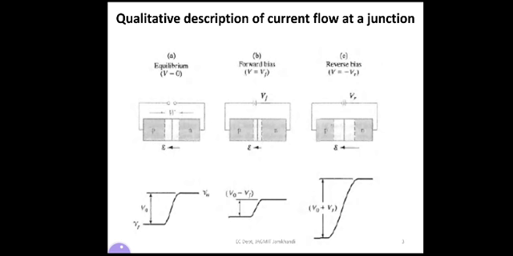We can notice that the field decreases with forward bias since the applied electric field opposes the built-in field. With reverse bias, the field at the junction is increased by the applied field, which is in the same direction as the equilibrium field.